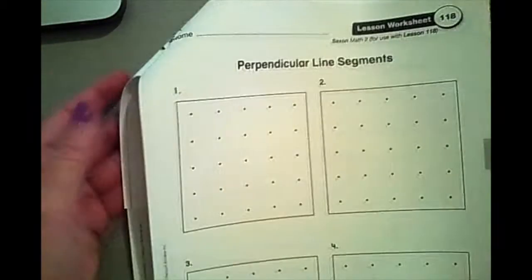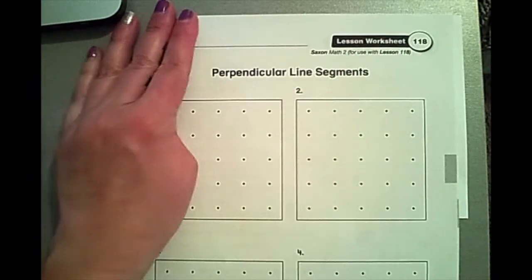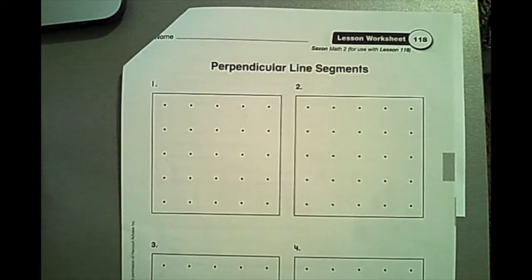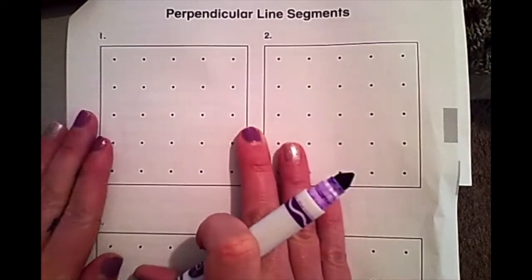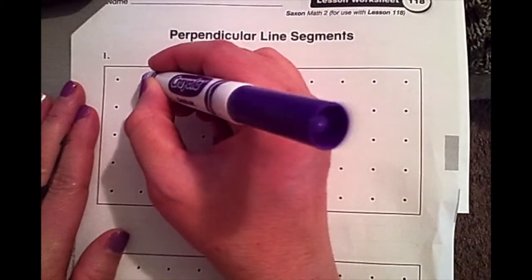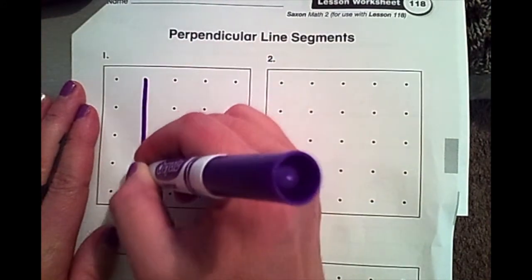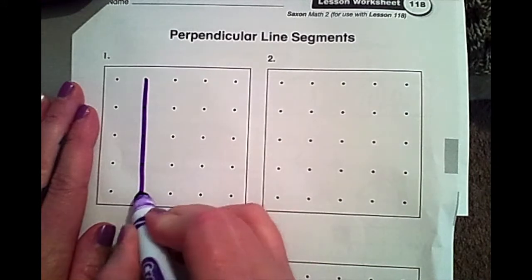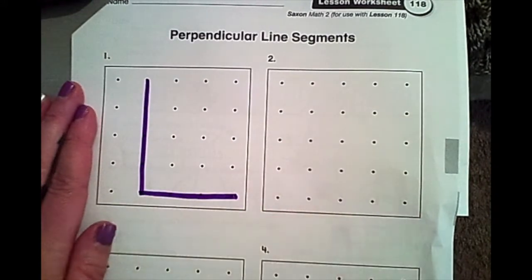And then we are going to work on perpendicular line segments today. Okay, we're going to do some examples of perpendicular line segments. Now, perpendicular line segments are two lines that meet at a 90-degree angle. Now, that means just like a right angle. Do you remember we did a triangle that looked like this?